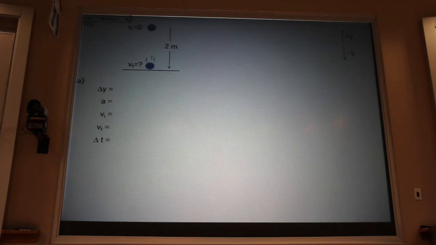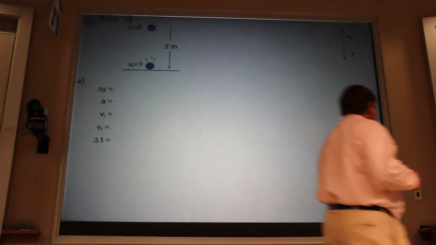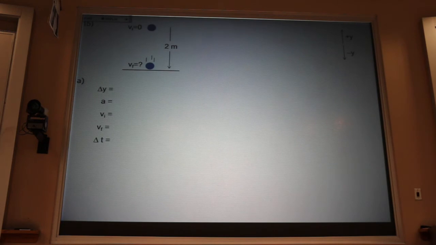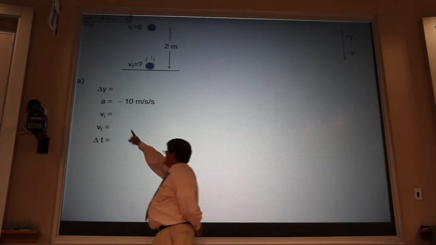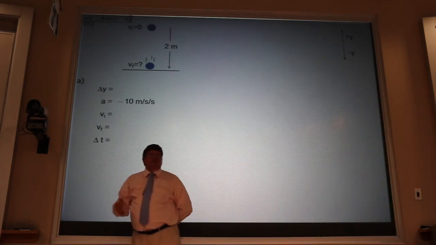Once you choose your coordinate system, you stick with it through the whole problem. I'm going to choose up to be positive and down to be negative. In that coordinate system, my acceleration in free fall is negative 9.8, I'm going to call it negative 10 meters per second every second. Now, the minus sign simply means down.